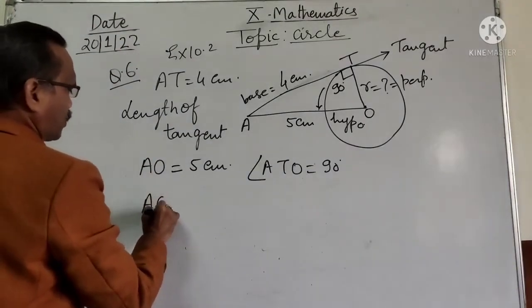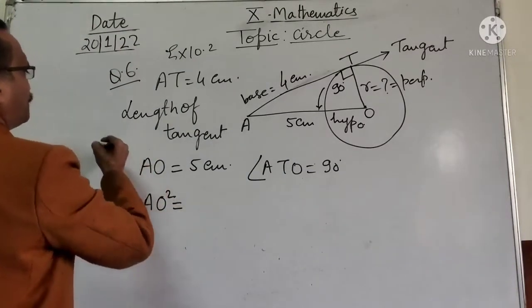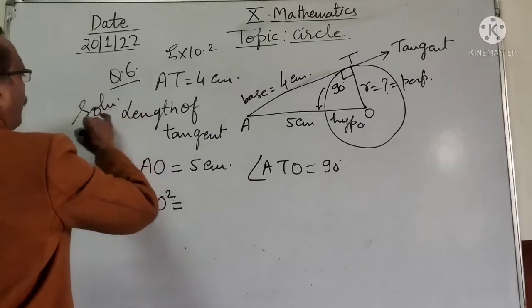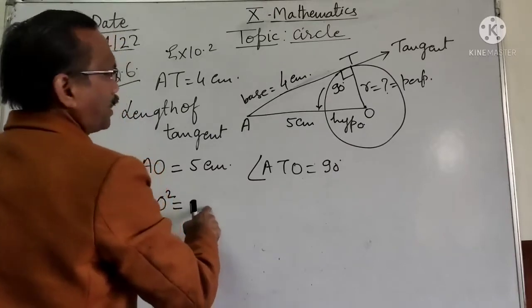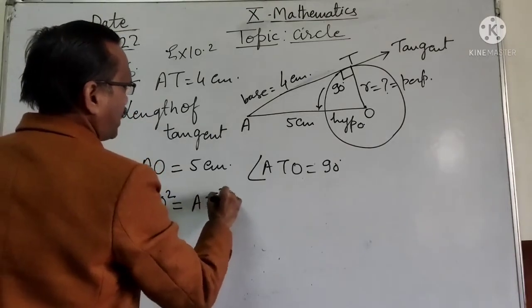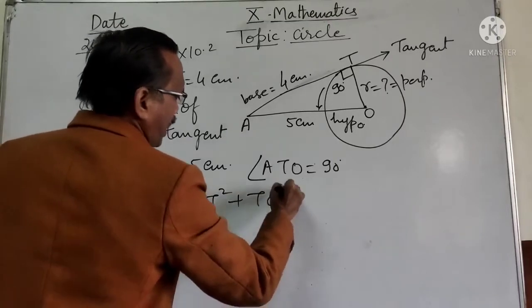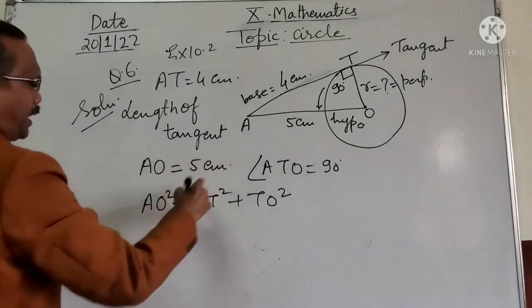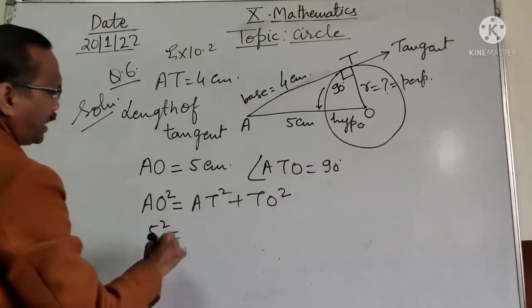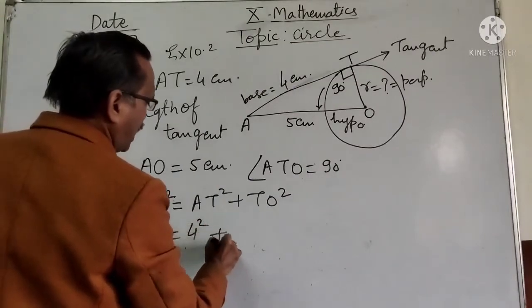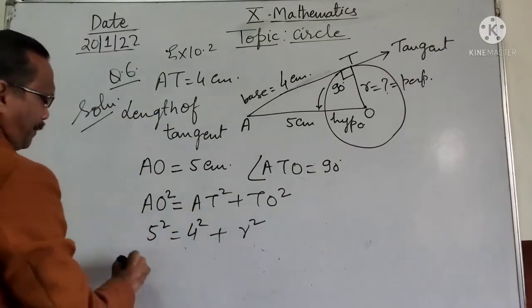So AO square equals AT square plus TO square. Here AO is 5 square, AT is 4 square, TO is R square.